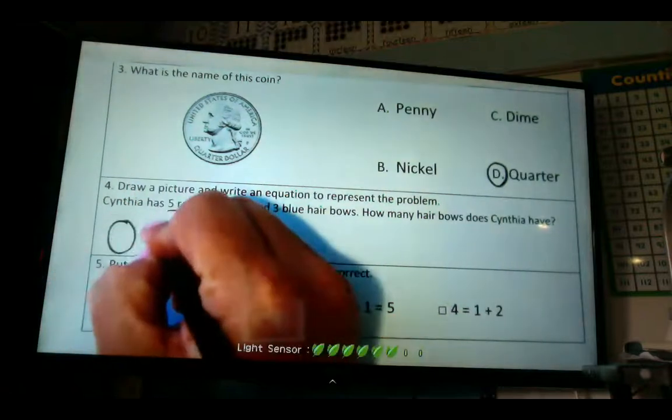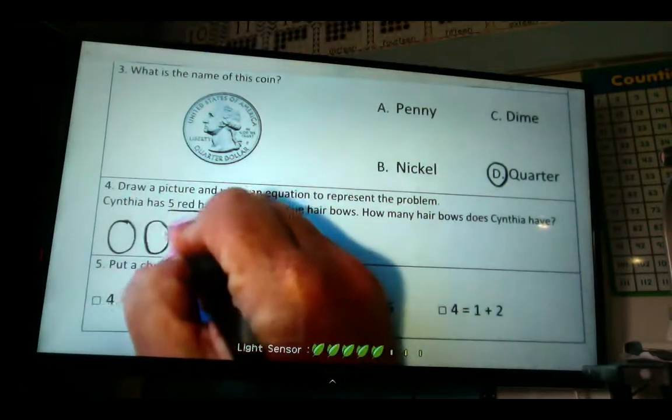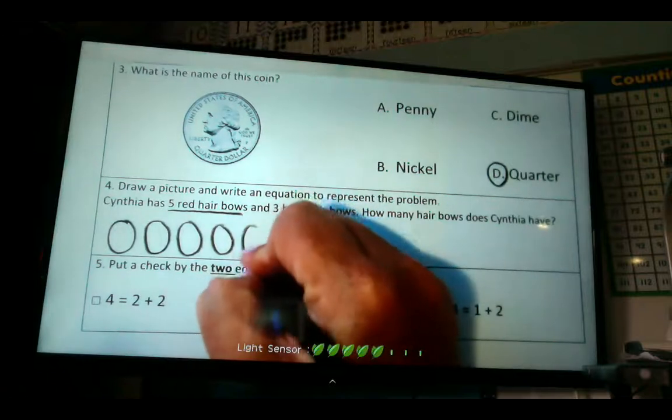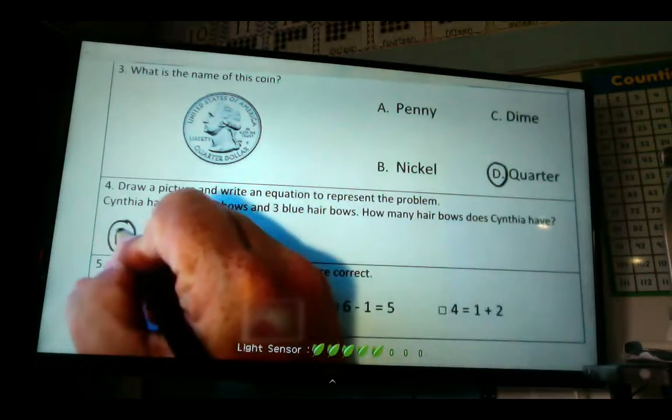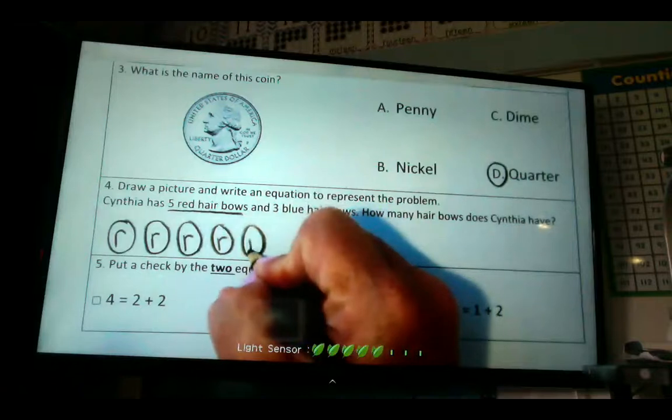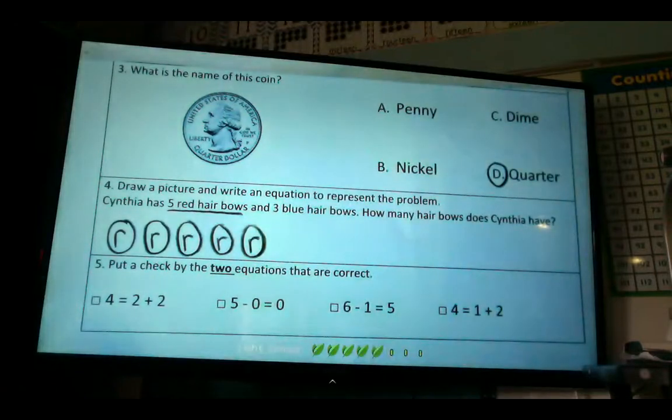I'm going to draw 5 circles to represent the 5 red hair bows, and I'm going to put an R in each one so I know that these are the red hair bows. You can do that as well.